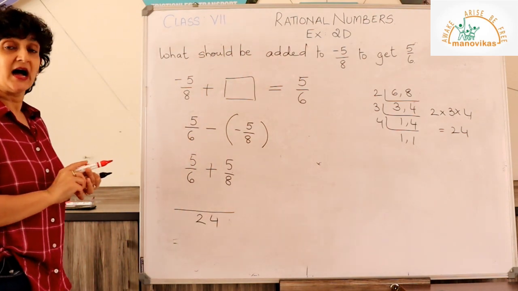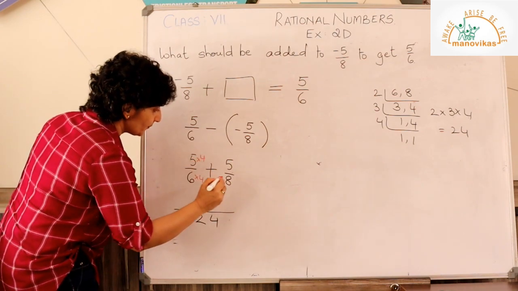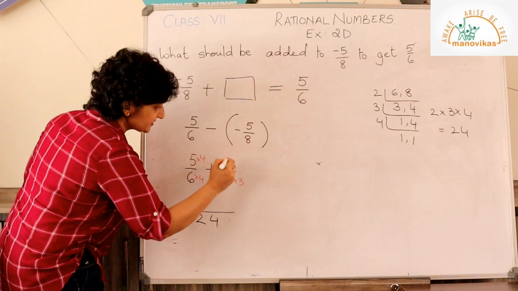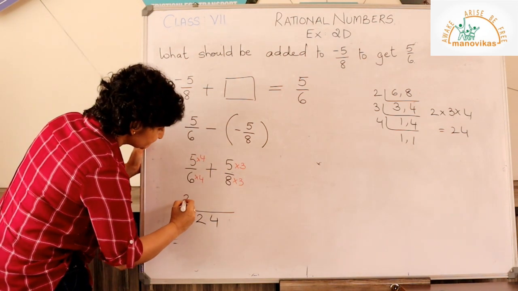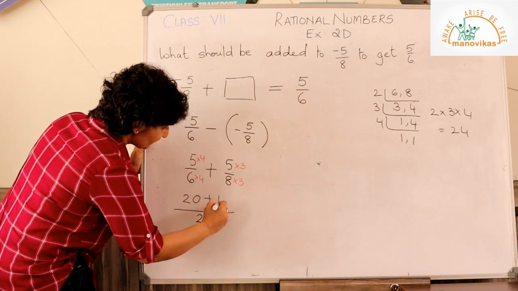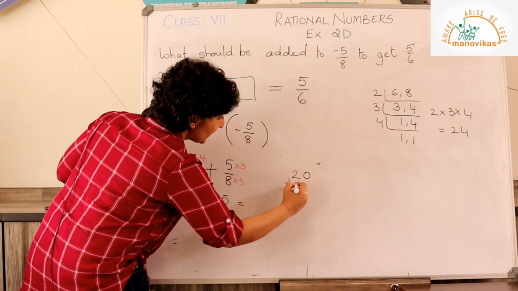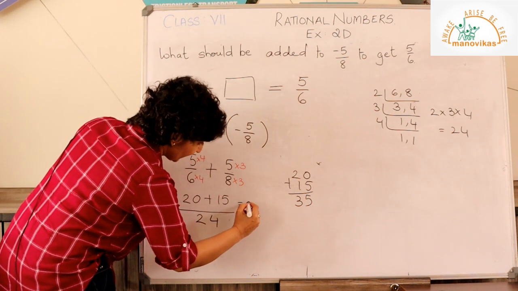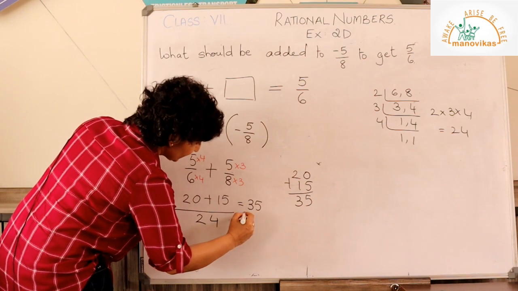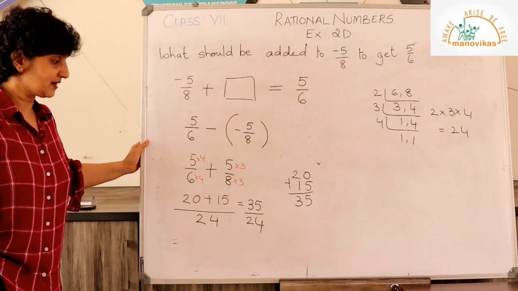Now 6 goes how many times? 4 times, 24. 8 goes 3 times. So 5 fours are 20 plus 5 times 3 is 15. 20 plus 15 gives me 35. So 35 upon 24. I hope I'm clear with this.